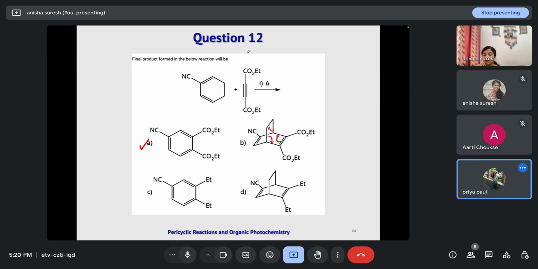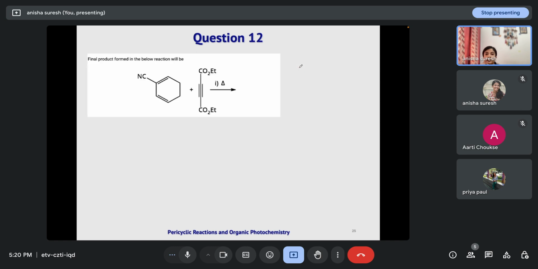So first it will be undergoing a 4 plus 2 cycloaddition. So this is the diene and this is the dienophile. So it will undergo a 4 plus 2 cycloaddition in this fashion, resulting in the formation of this product.